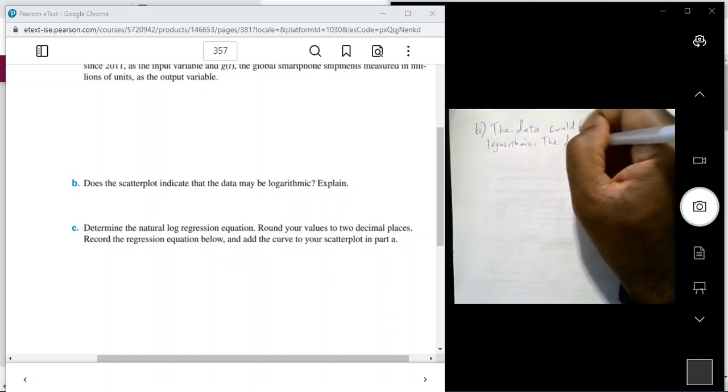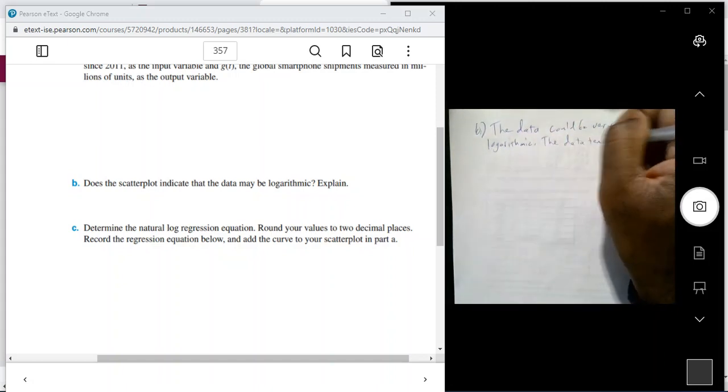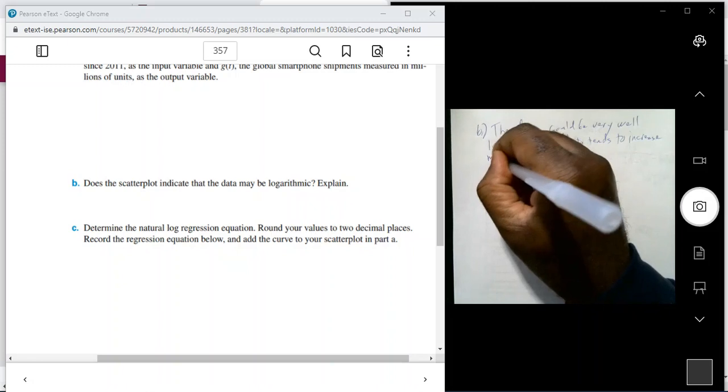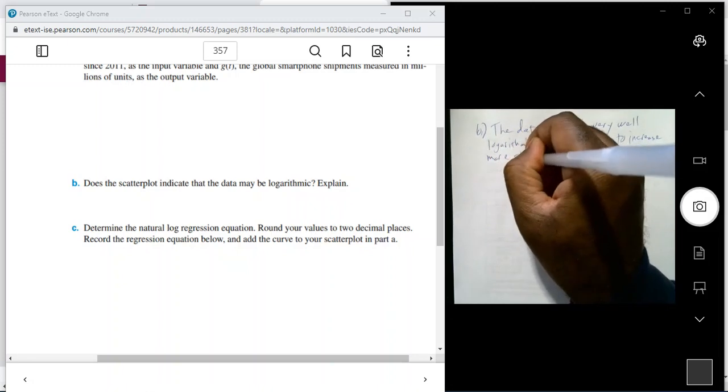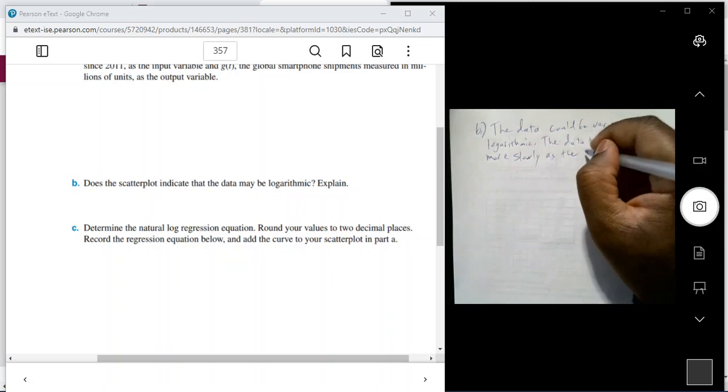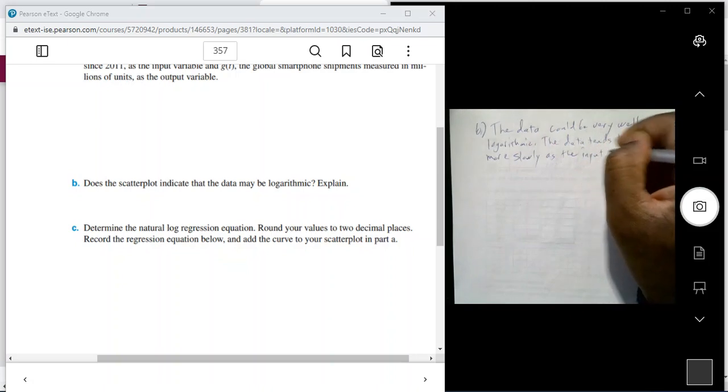The data tends to increase more slowly as the input increases.